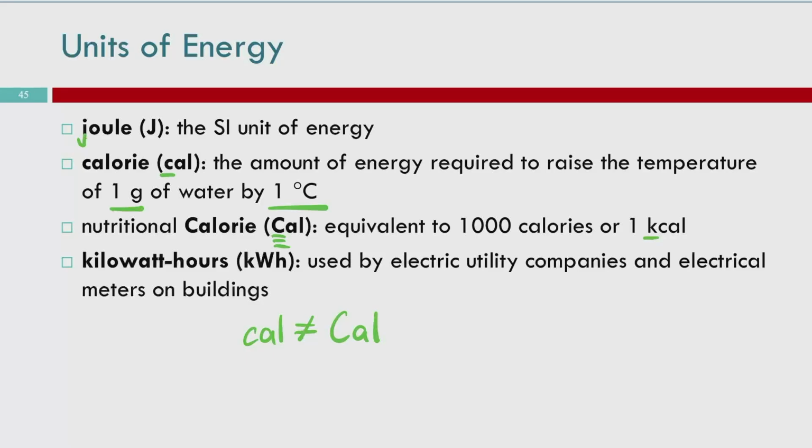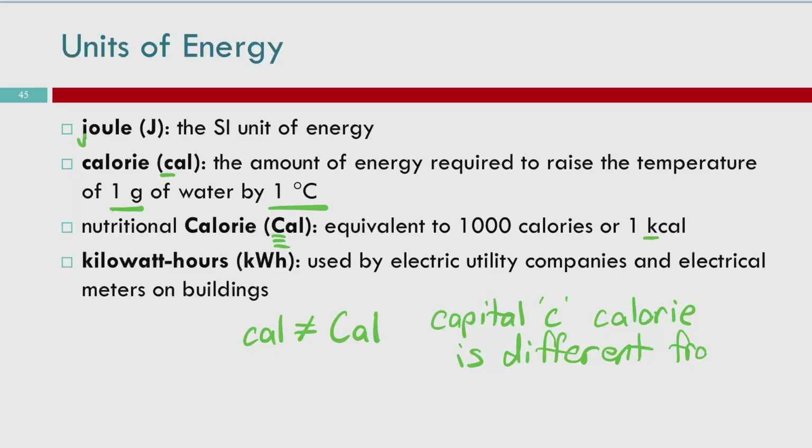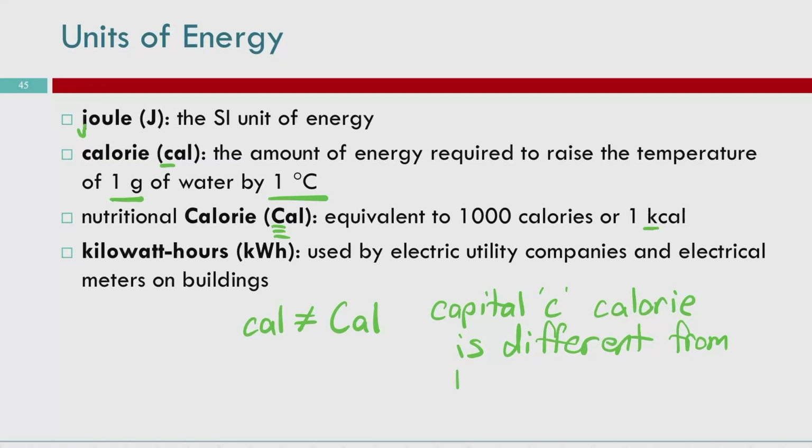Uppercase C Cal is the one that you are familiar with, the one that you know about. The lowercase c cal is different.